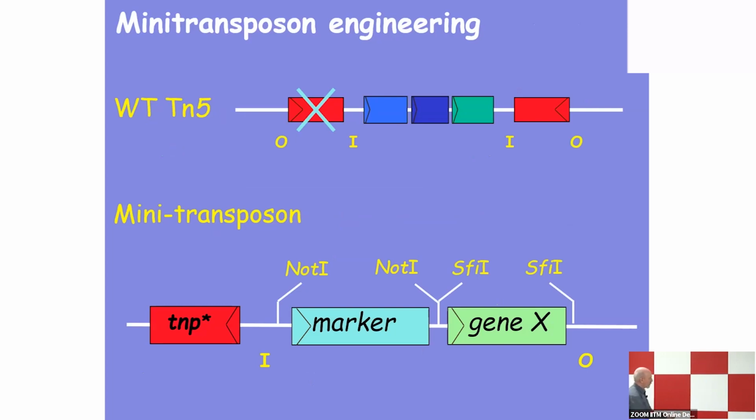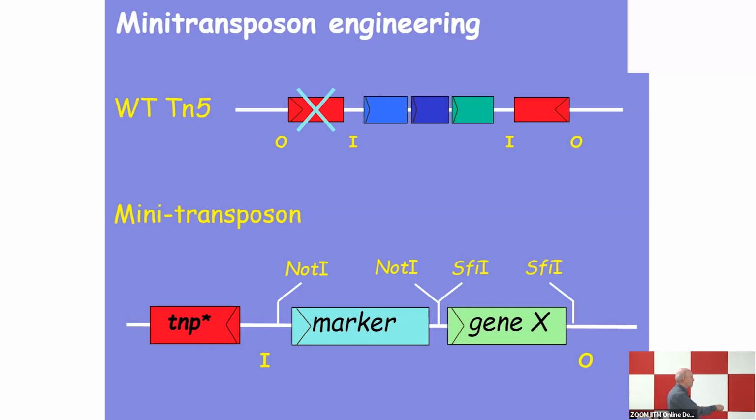In this case, we constructed in a plasmid a segment of DNA where we took the I end of Tn5 and the O end of Tn5, and in between we had a selection marker, and then we engineered a multiple cloning site where you can put any gene X of interest.